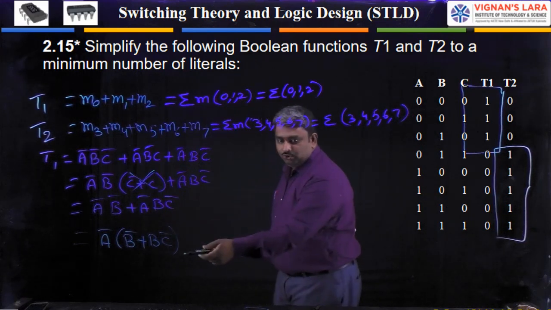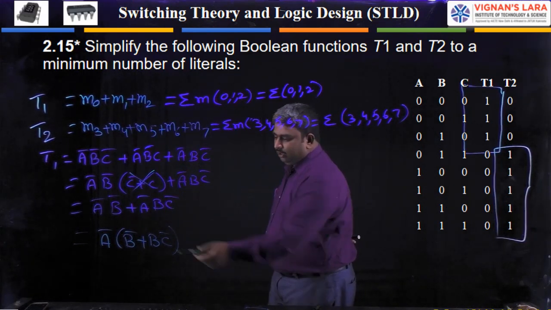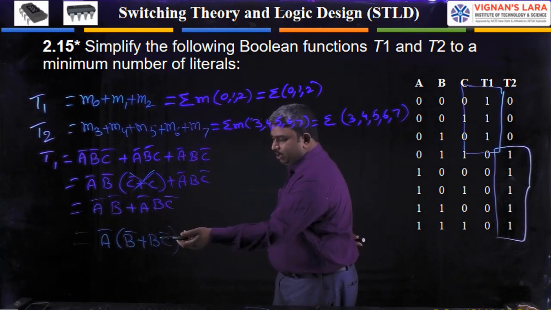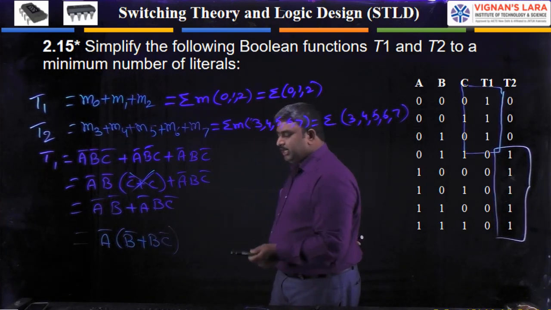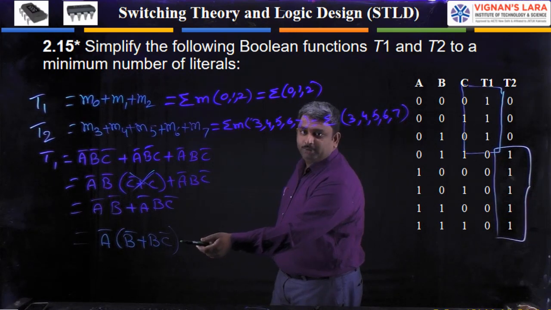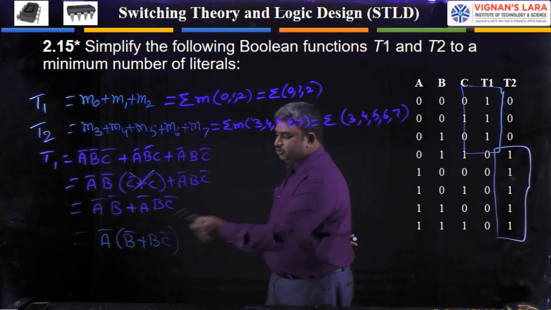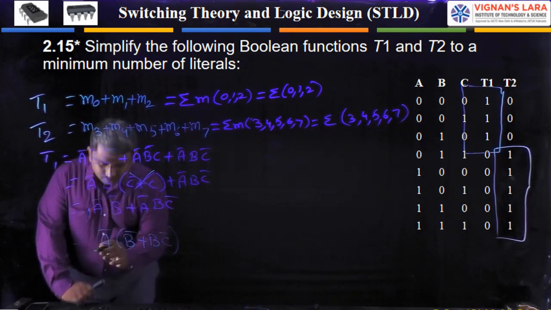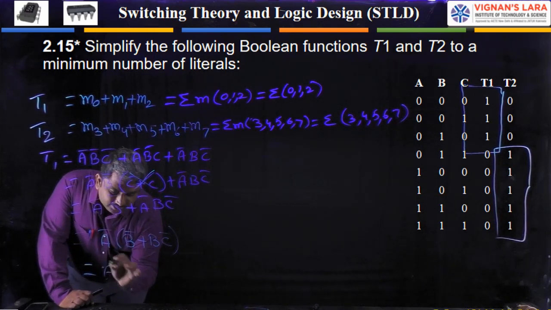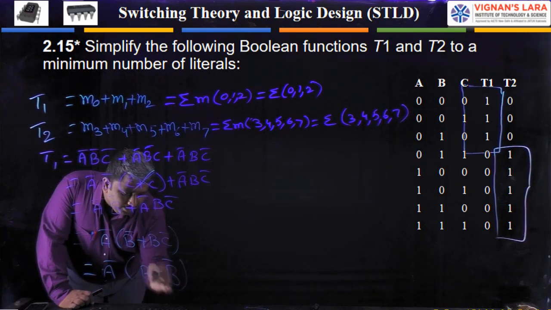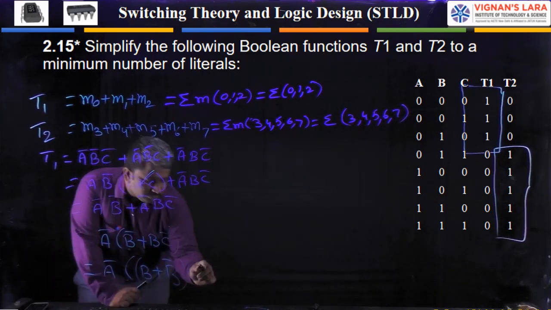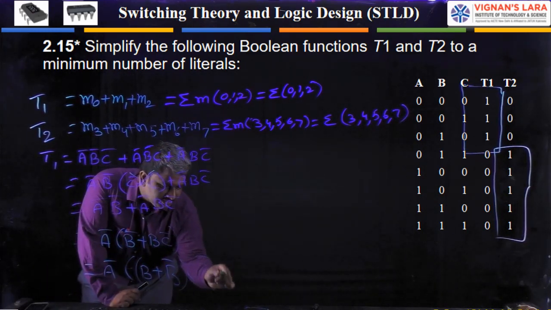From these two we cannot take any common, but this seems to be like x plus yz, that is the distributive property. We can write it like this: A bar times B plus B bar, into B bar plus C bar.